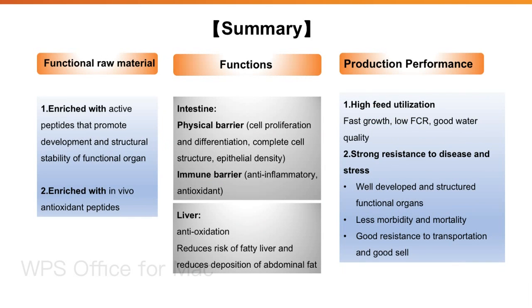So, a summary of the previous content: Fortide is rich in active peptides that promote development and structural stability of functional organs, and is rich in antioxidant active peptides in vivo.